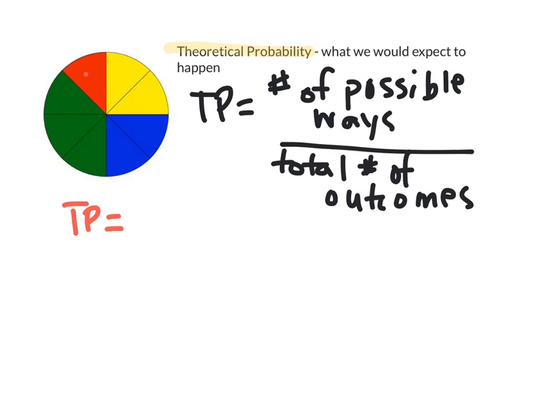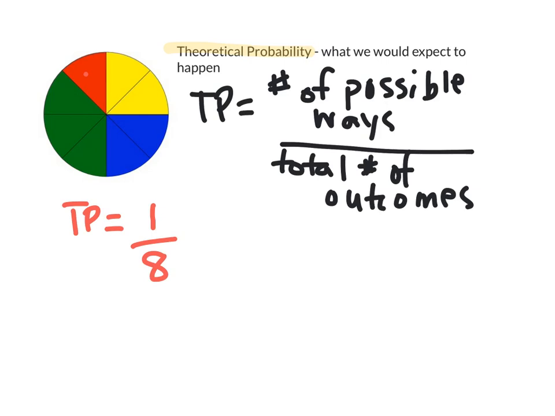So the top number on our fraction is going to be 1. And then the total number of outcomes is how many different places the spinner could land. In total, there are 1, 2, 3, 4, 5, 6, 7, 8 sections. So there are 8 possible outcomes. So the theoretical probability of landing on red is 1 in 8.